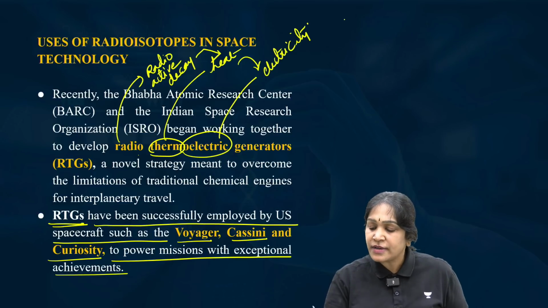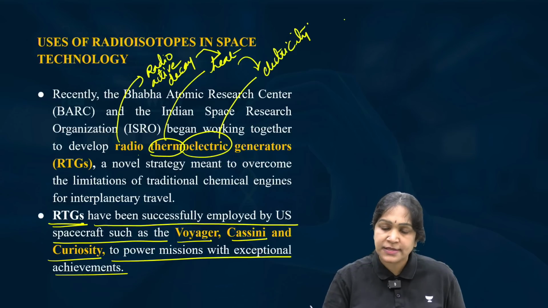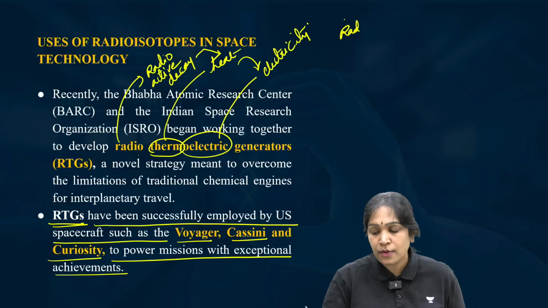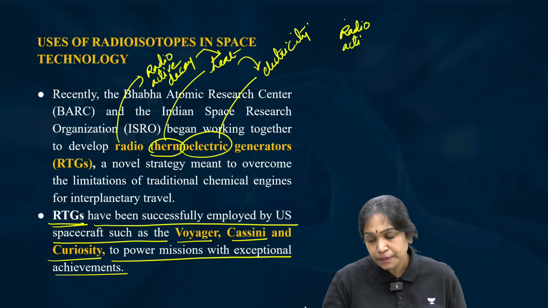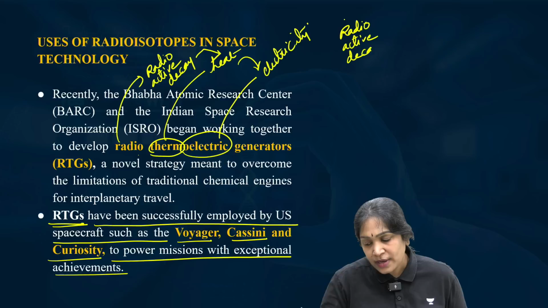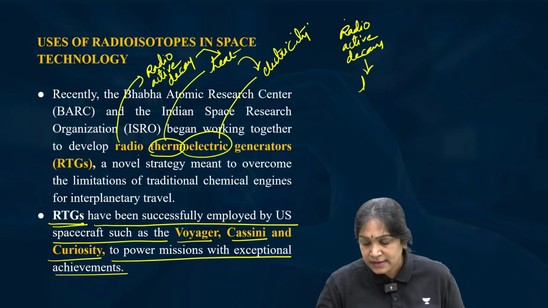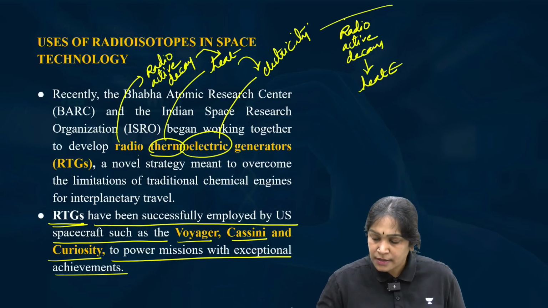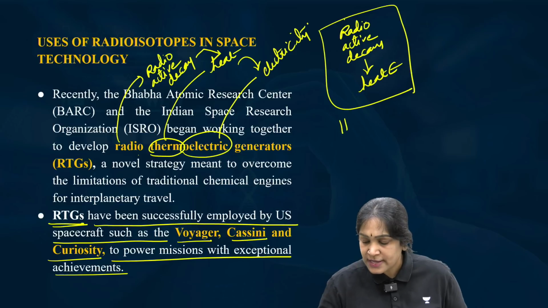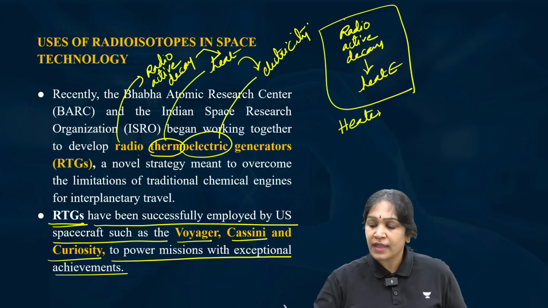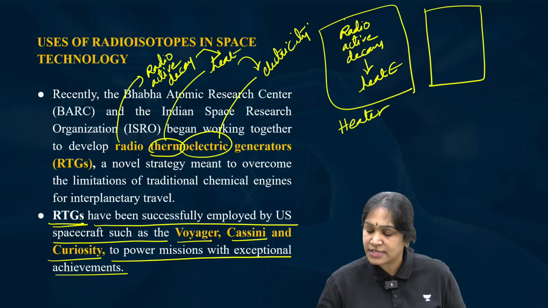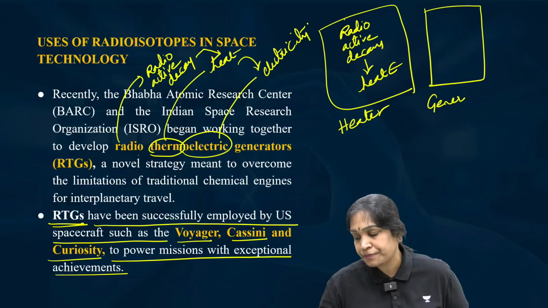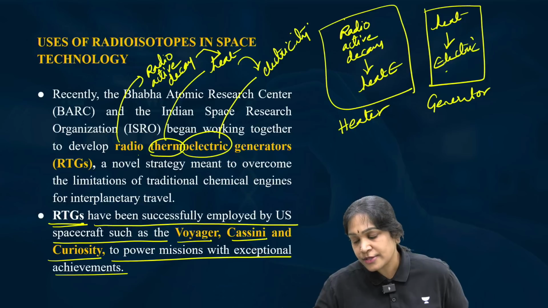How does it work? It will have two units. One is a heater unit, where the radioactive decay will happen and release the heat energy. The other unit is the generator unit, where the heat energy is converted into electric energy.